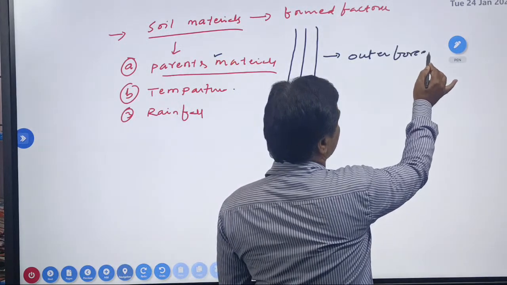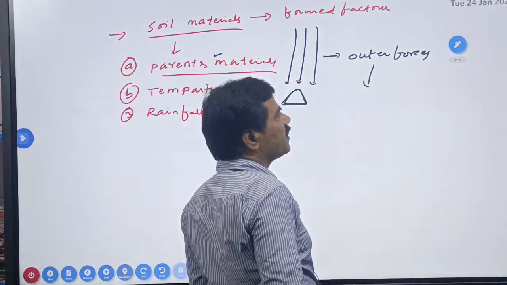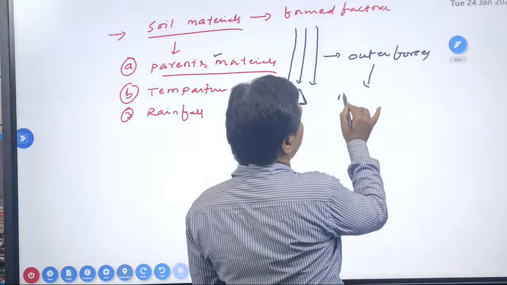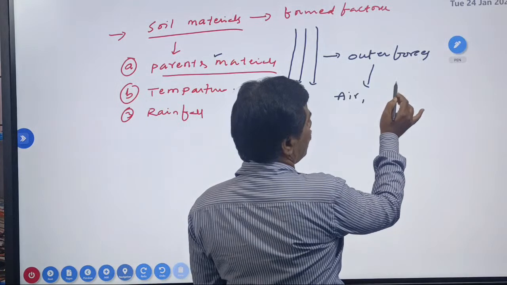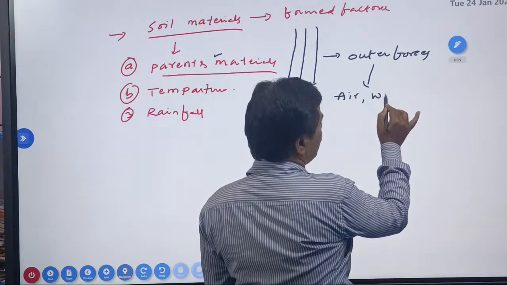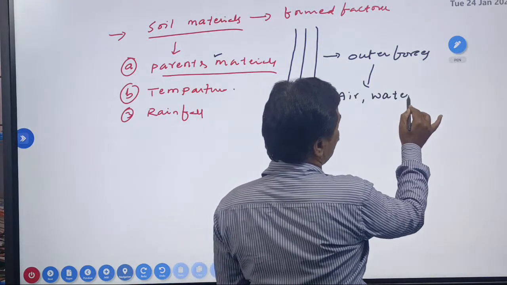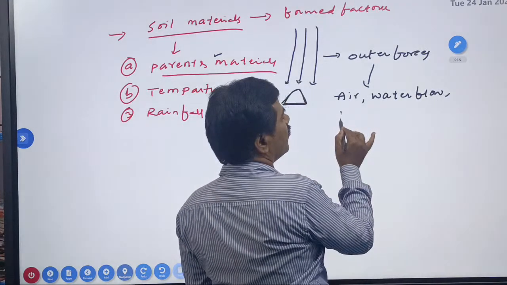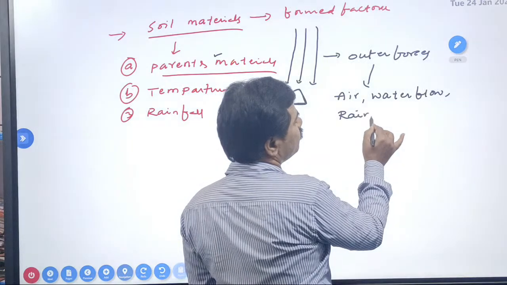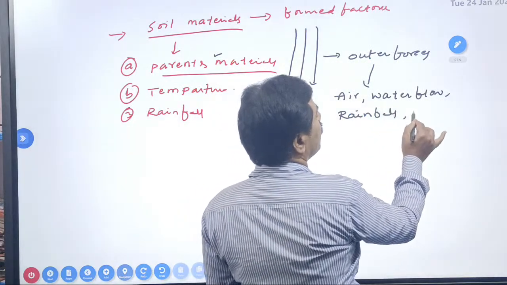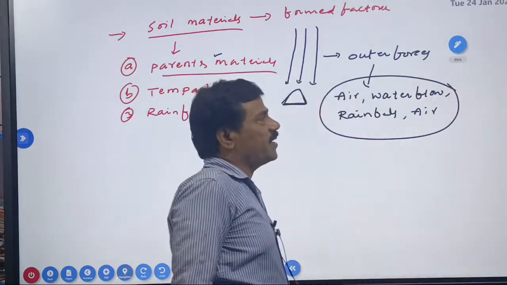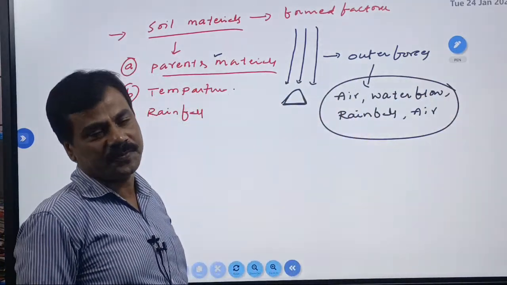Air, water flow, rainfall, and air. These are called outer forces in the atmosphere.